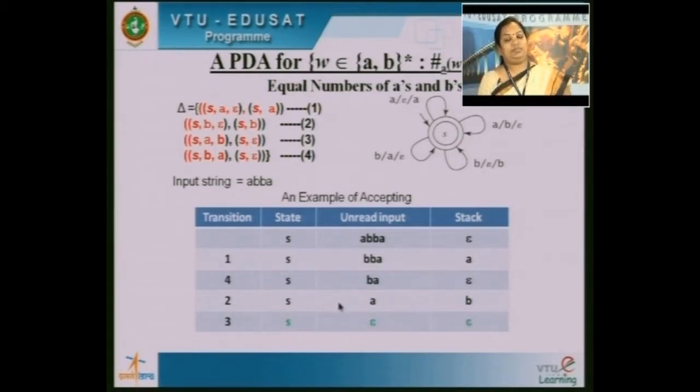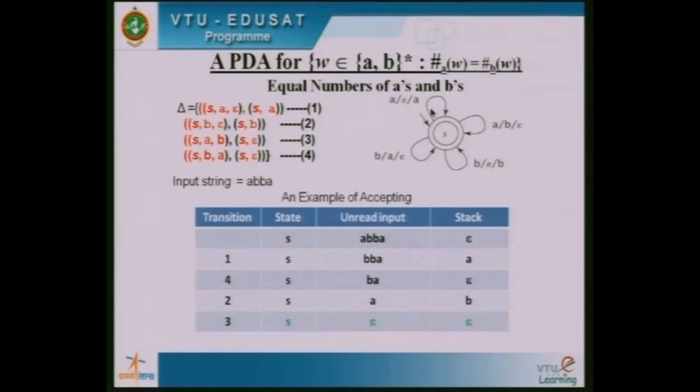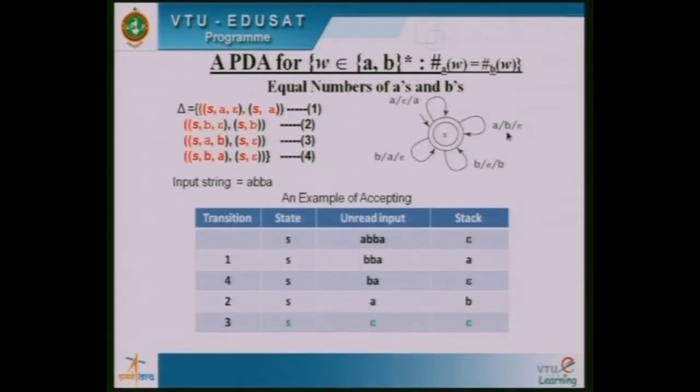But this example of the language is non-deterministic, because for each possible move on A, there are two choices. Either if it is the first A, push that A into the stack, or if you are pairing that A with a B in the stack, then pop B from the stack.